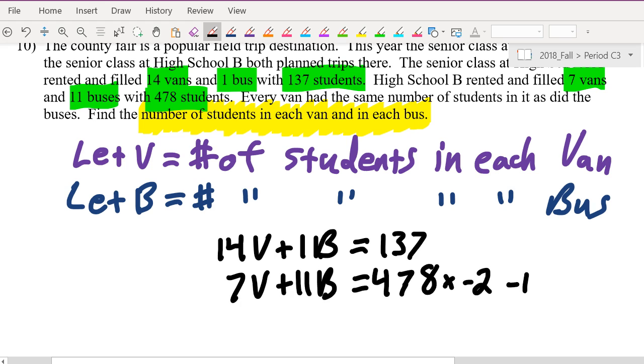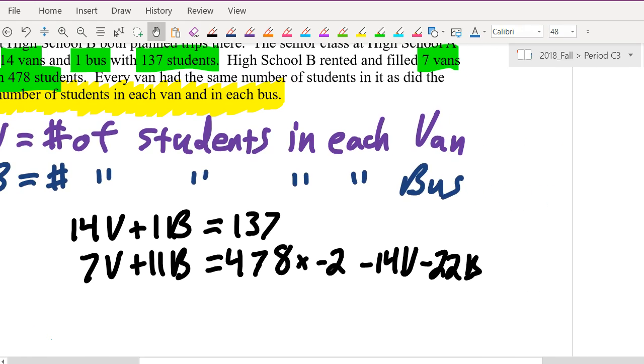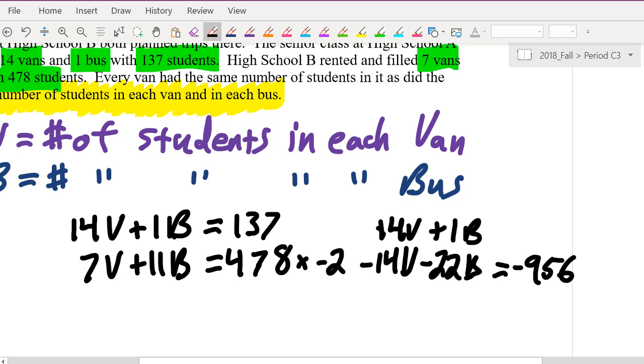And that way we get negative 14V, negative 22B equals negative 956. Yeah. Okay? And then 14V plus 1B equals 137.